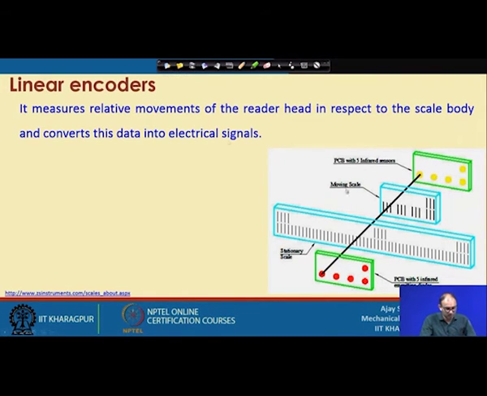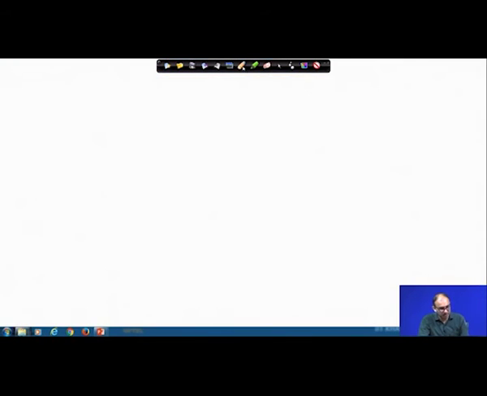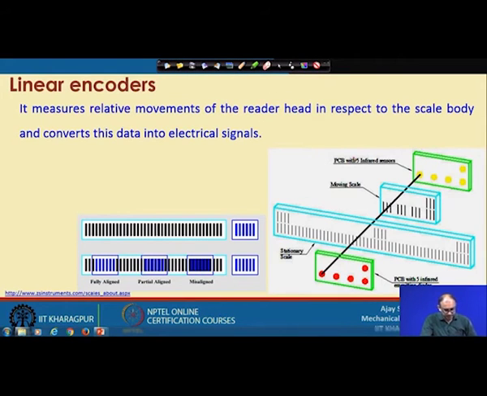So, here also we are talking about the incremental type, so every time it will give you a signal. Similar to that, these are the actual scale and these are the reference scale.